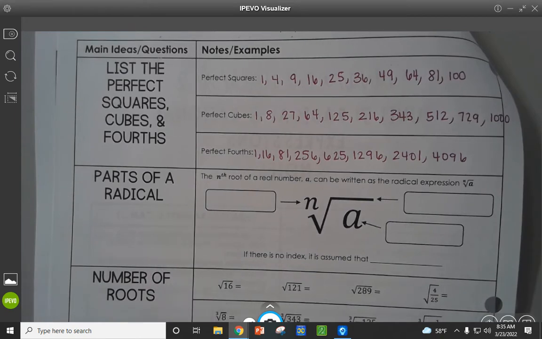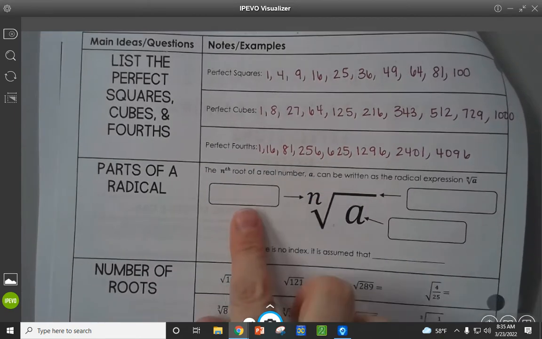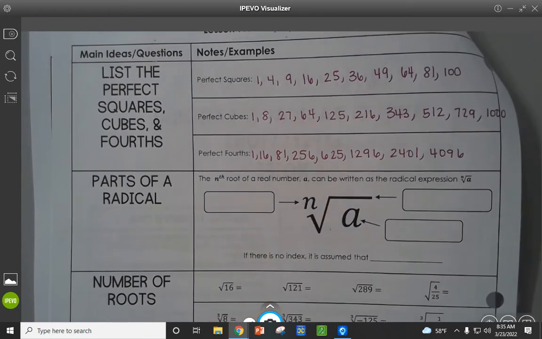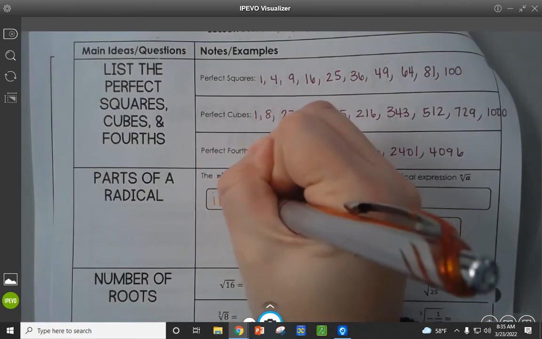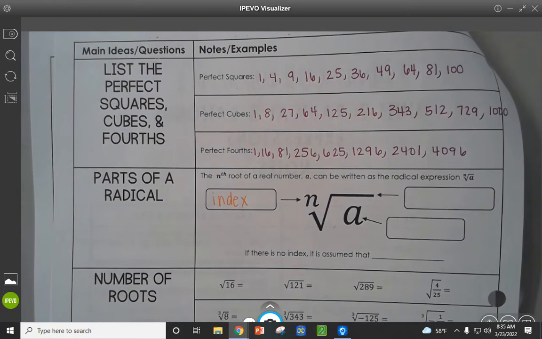All right, so we're going to look at the specific parts of a radical. I'm going to give them names, terms that I may use, so you need to be familiar with those. The first thing is the index. So whatever root it is, if it's the fourth root, the index is 4. If it's the square root, the index is 2.